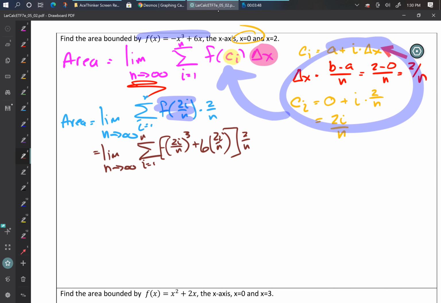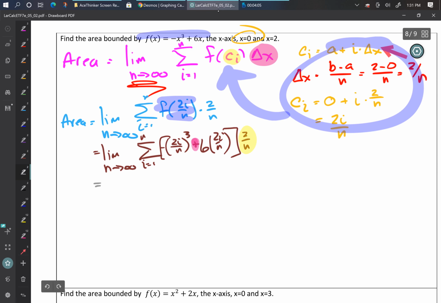Now this next step, I'm going to do a whole bunch in one step, applying all these limit rules. I'm going to apply a limit rule because of this multiplication, and I'm going to apply a limit rule because of this addition, and make this thing a lot simpler.